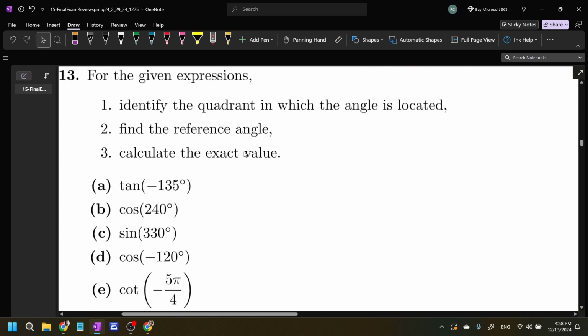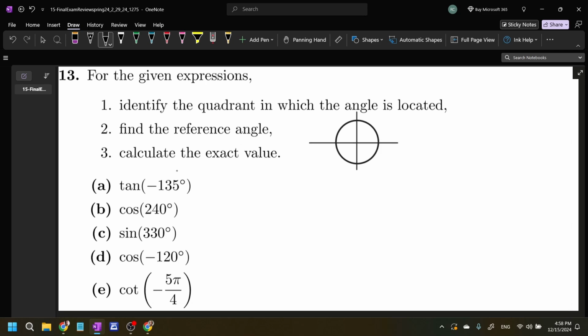Okay, we finally arrived at the trigonometry. Identify the quadrant in which the angle is located, find the reference angle, and calculate the exact value. Okay, so I'll quickly remind you of our unit circle. Let's draw a nice unit circle.